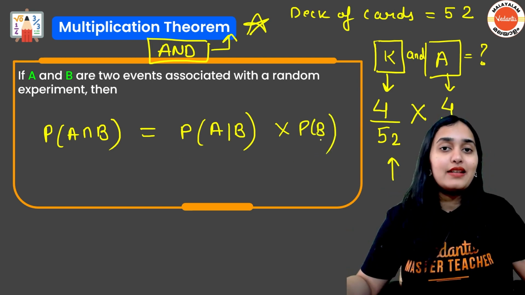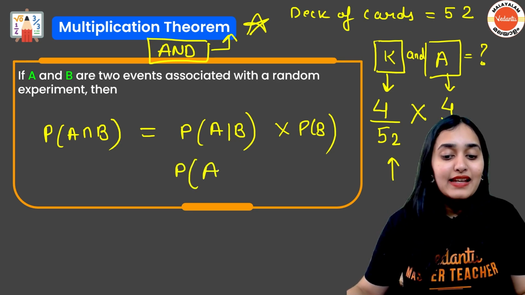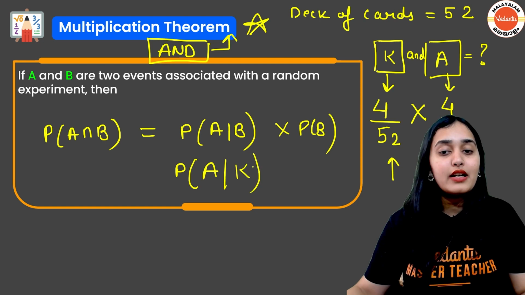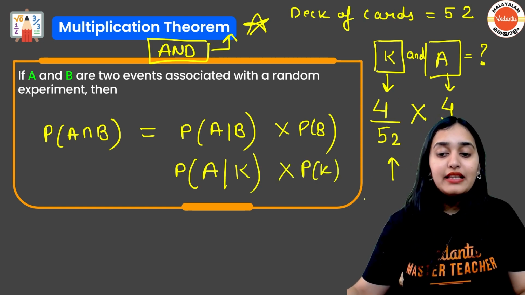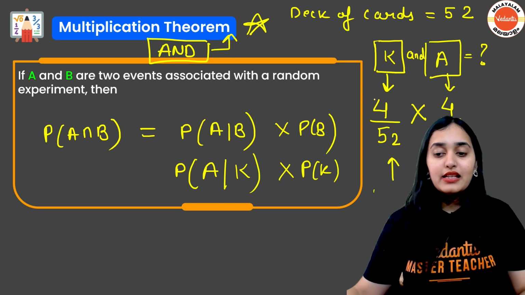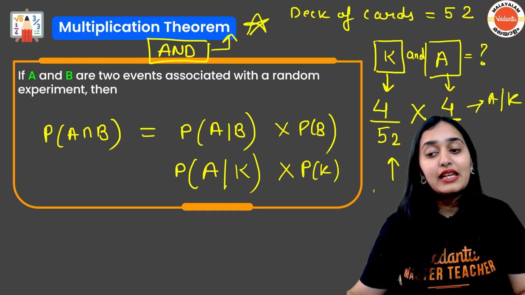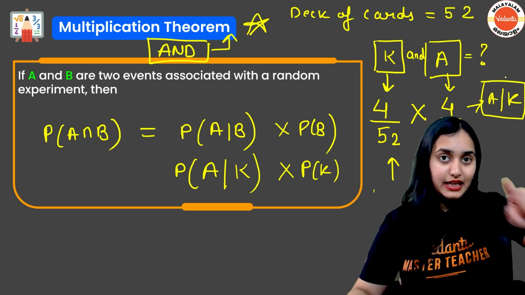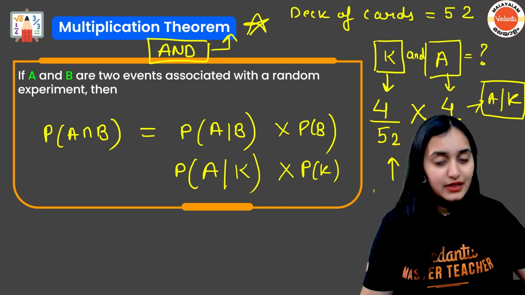This is very simple. Probability of getting an ace when a king has already been taken out, multiplied by probability of king. That's what we are doing here. This is probability of king, this is probability of ace when king has already been taken out. So that's the multiplication theorem.